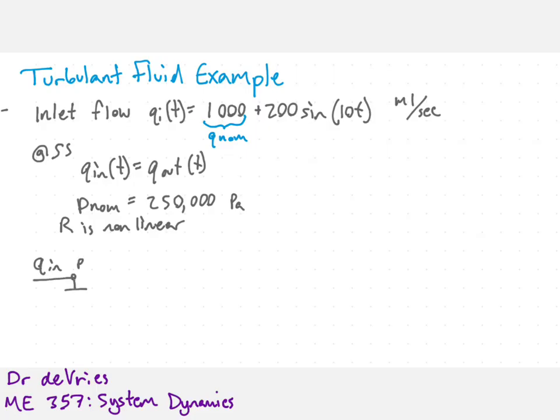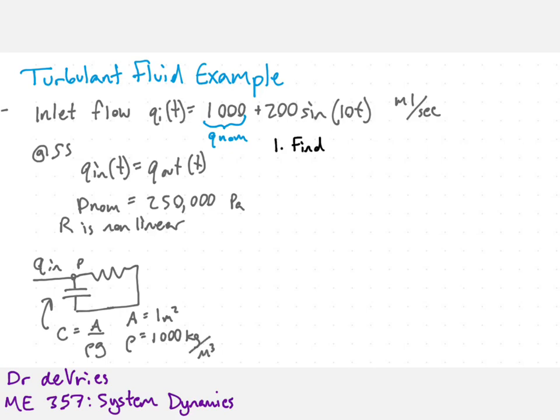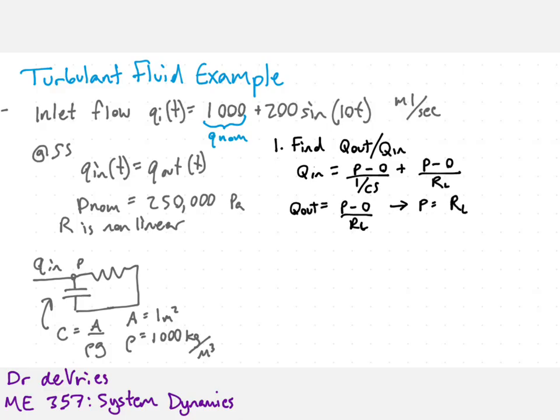So in this case, we have that it's represented where some of our fluid is going into a tank, and we want to figure out what our relationship between the two is.